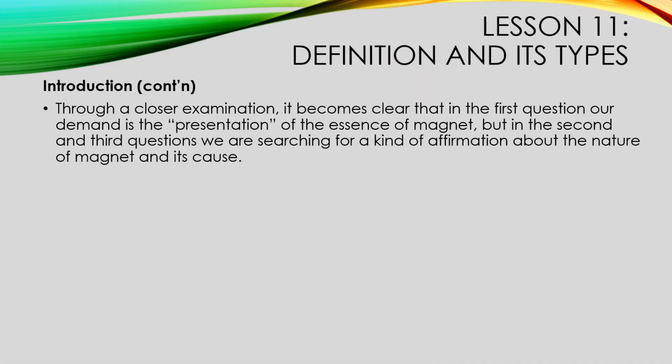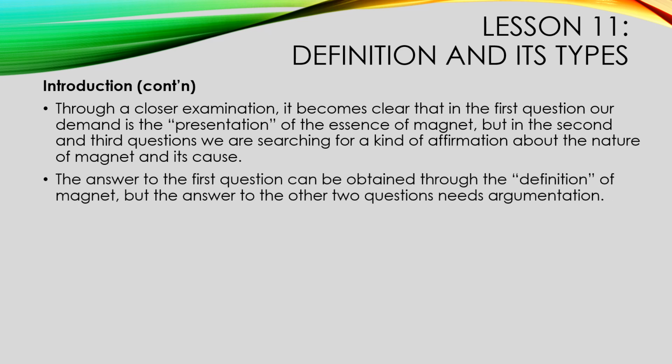Through a closer examination, it becomes clear that in the first question, our demand is the presentation of the essence of magnet, but in the second and third questions, we are searching for a kind of affirmation about the nature of magnet and its cause. The answer to the first question can be obtained through the definition of magnet, but the answer to the other two questions needs argumentation.